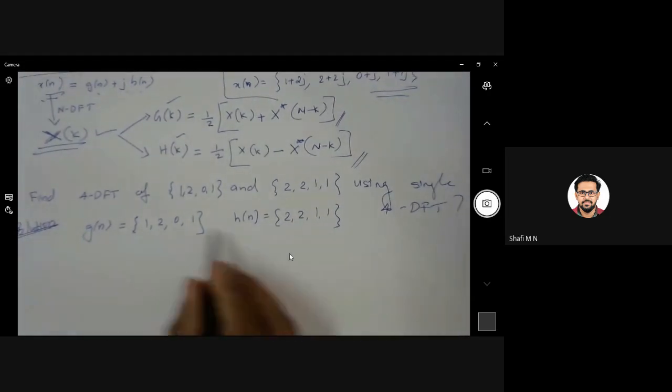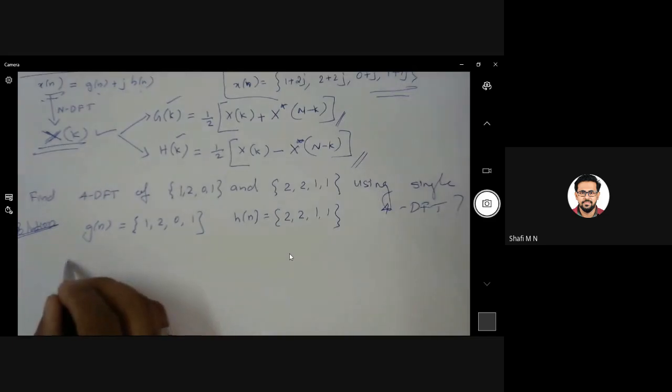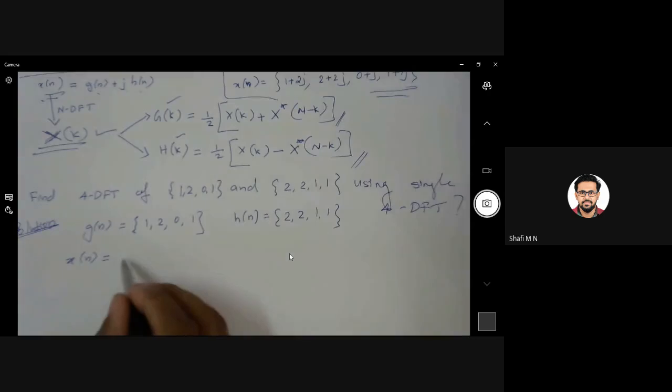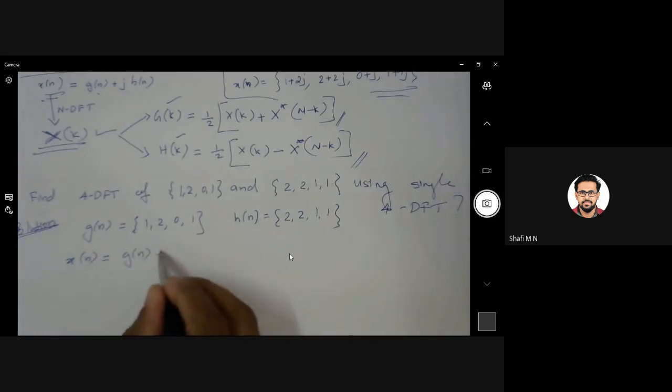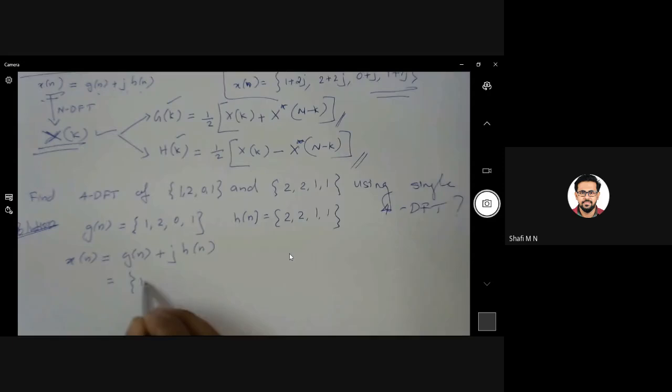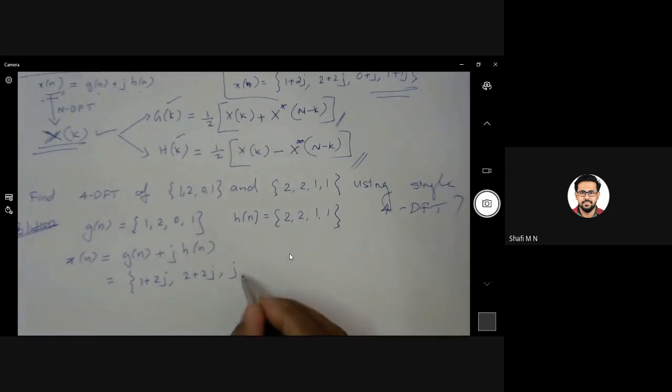Now you have to combine the sequences. That is the first step, right? So moving to the first step of combining these two sequences, x of n equals g of n plus j h of n, that is equal to 1 plus 2j, then 2 plus 2j, then 0 plus 1j, so let me write as j, then 1 plus 1j, so that is 1 plus j.